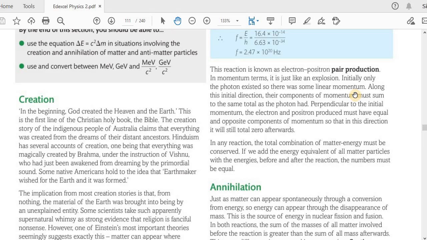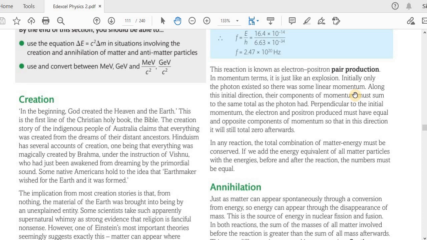So before an explosion, what happens? Nothing is moving, and suddenly things start moving apart. So total momentum before the explosion is equal to 0, because all the particles are stationary. That means total momentum after should also be equal to 0 because of the principle of conservation of momentum, which states that total momentum before an interaction should be equal to total momentum after. Interaction, explosion, collision all mean the same thing.